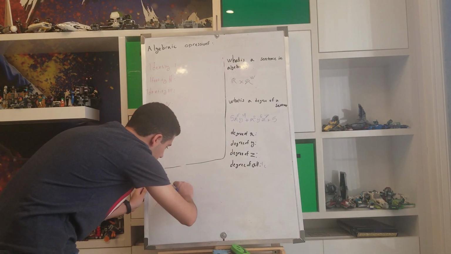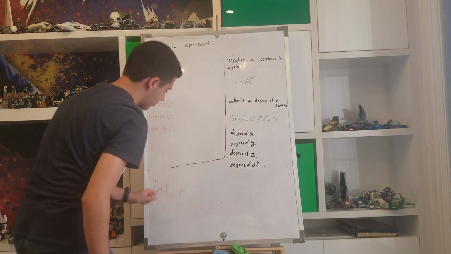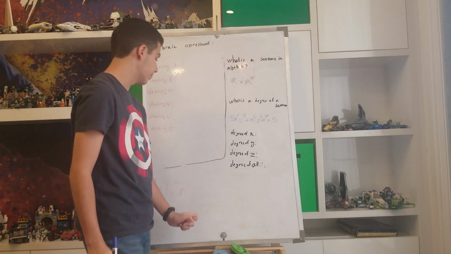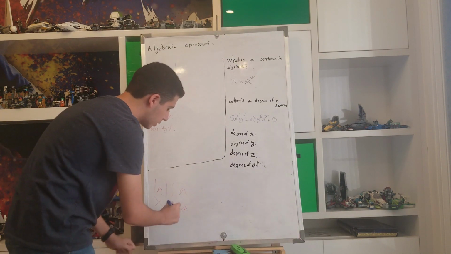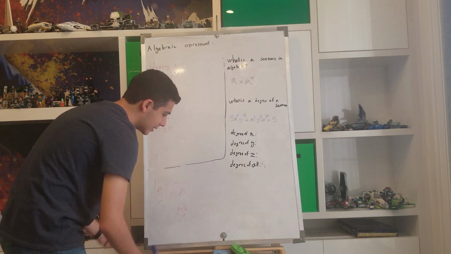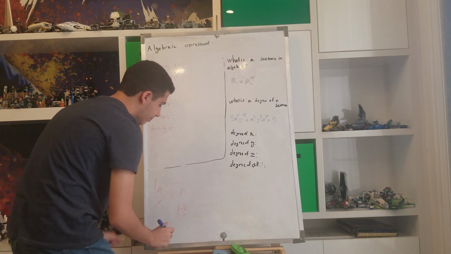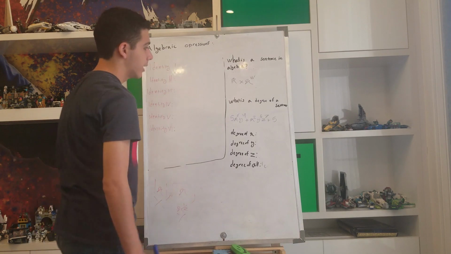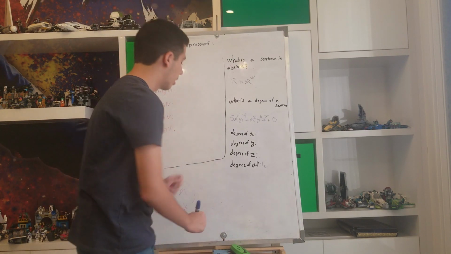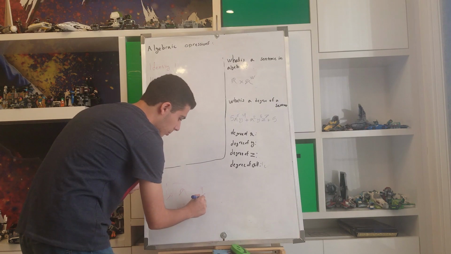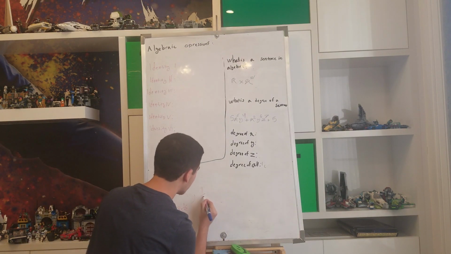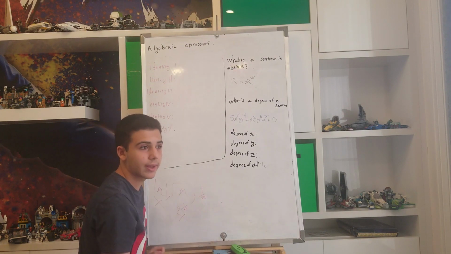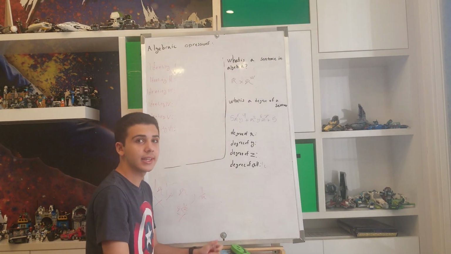Another example is radical x. Why isn't this a number? Well, this is because x in this case is to the power of a half. So because of that, x isn't a number. Another example is one over x. Why isn't it a number?